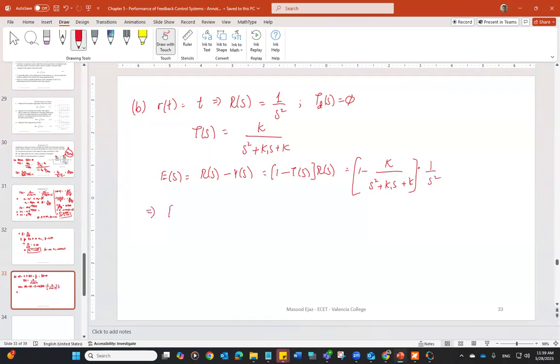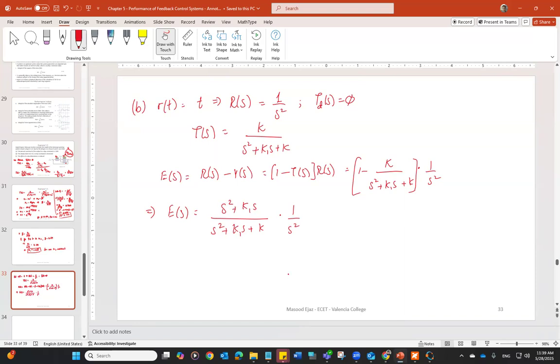Let's simplify it a little bit. Es is equal to S squared plus K1 S plus K, and the plus K and minus K will cancel out. So in the numerator, we're going to get S squared plus K1 S, and the denominator will simply be S squared plus K1 S plus K, multiplied by 1 over S squared. As you can see, S squared and S are common factors.